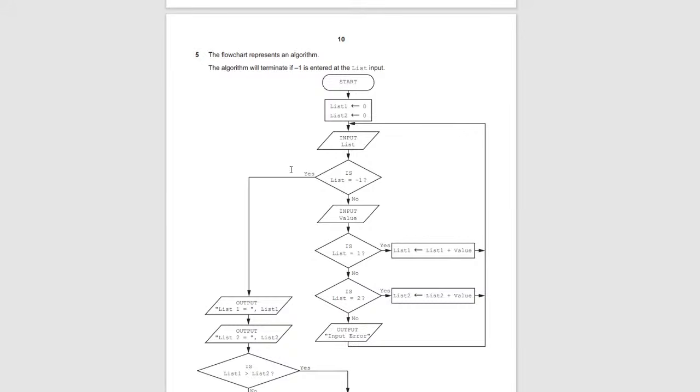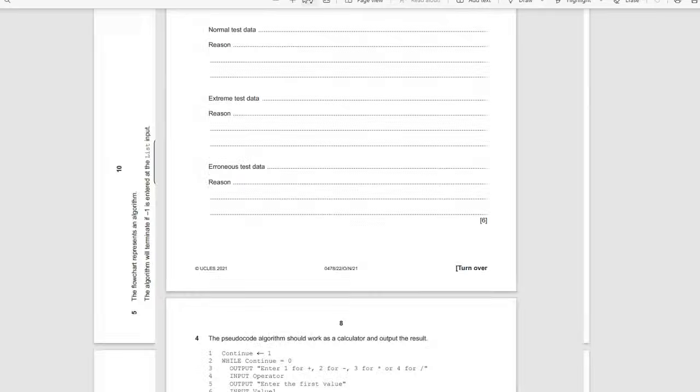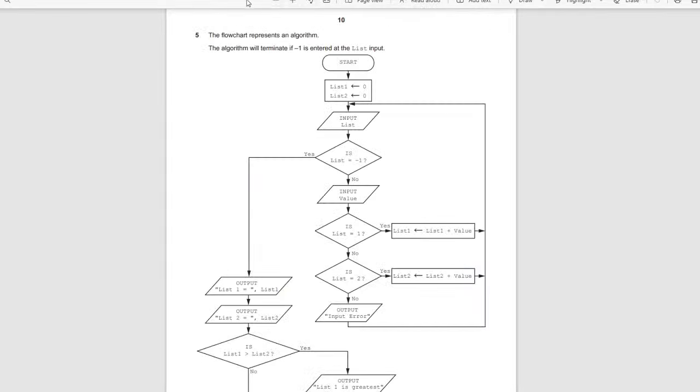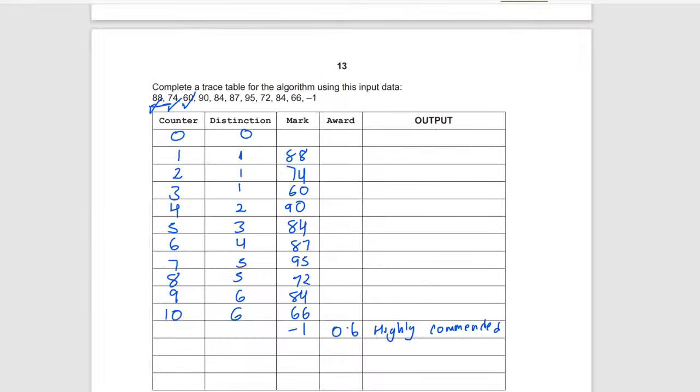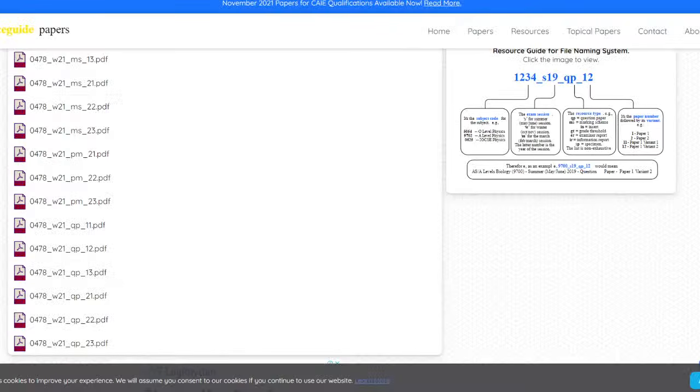Here's the flowchart. Is this the flowchart we'll do? Okay, yeah, let's do this flowchart now. Now flowcharts are easy. So you want 2020. Okay, let's do 2020 then.